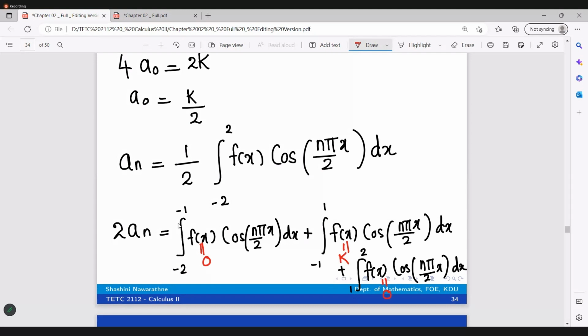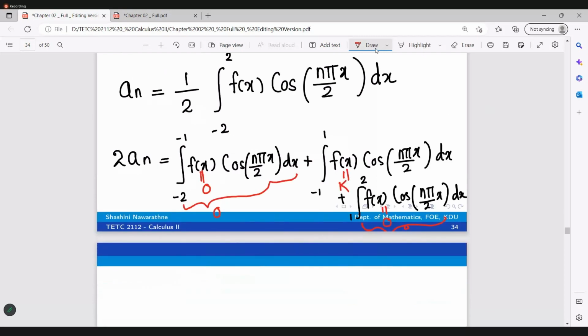So if we integrate 0 with respect to some variable, it also gives the answer 0. We will obtain the answer 0 for these two cases because the function is 0.